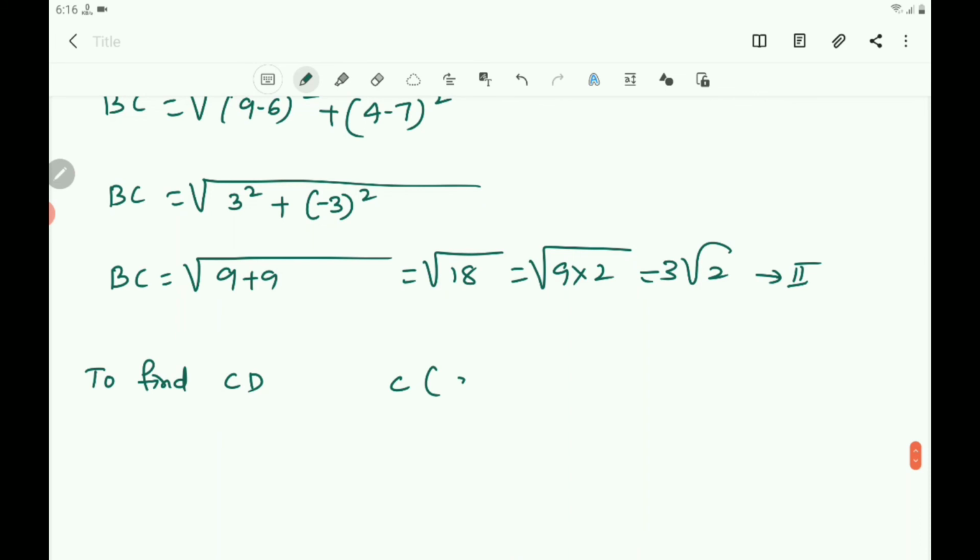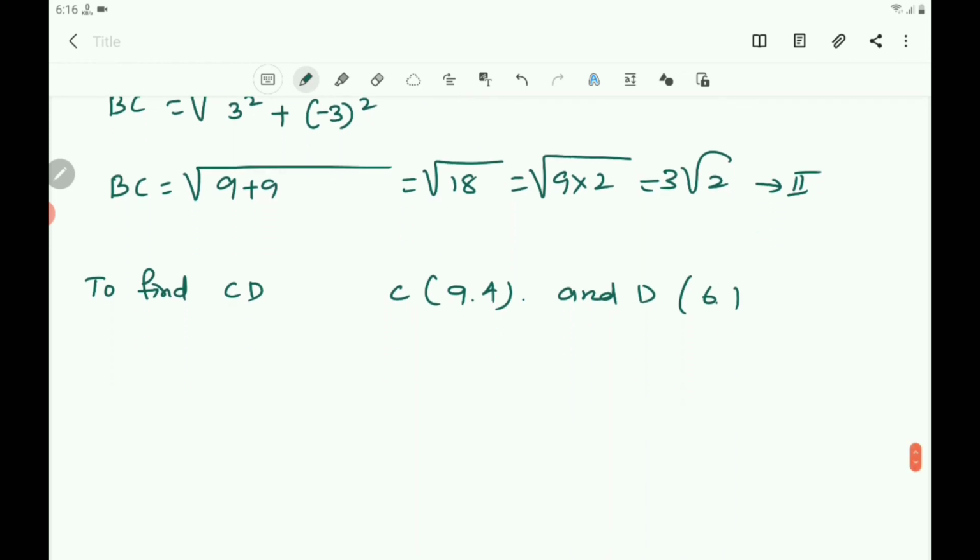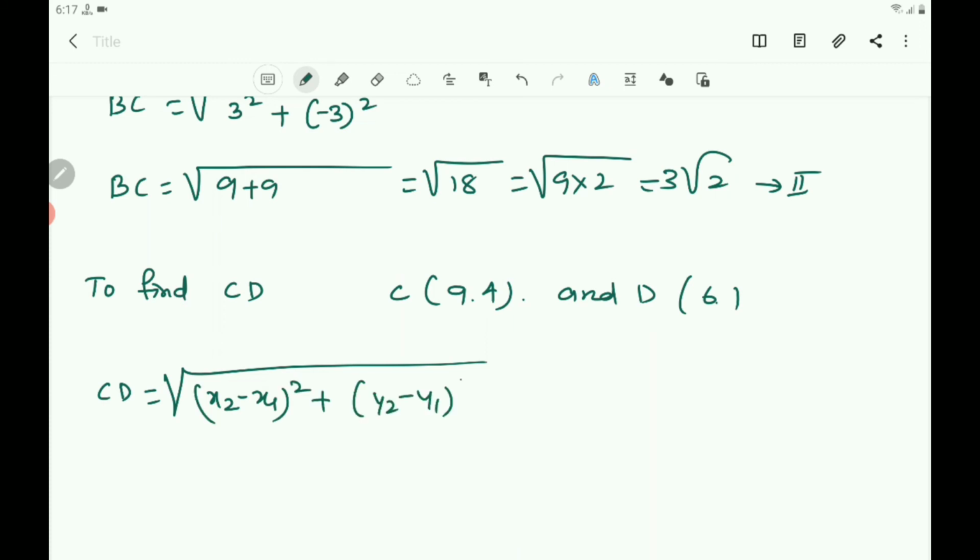Write CD equals the square root of (x2 minus x1) whole square plus (y2 minus y1) whole square.